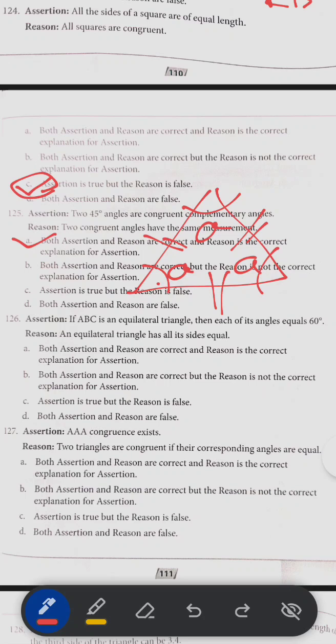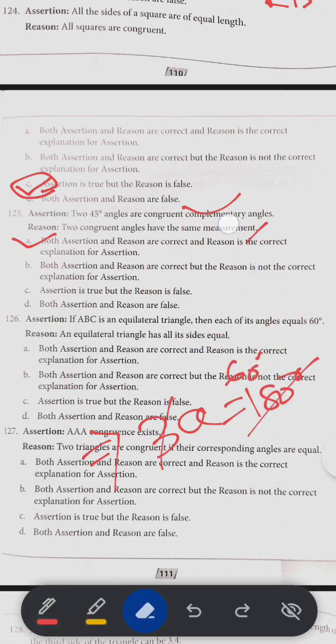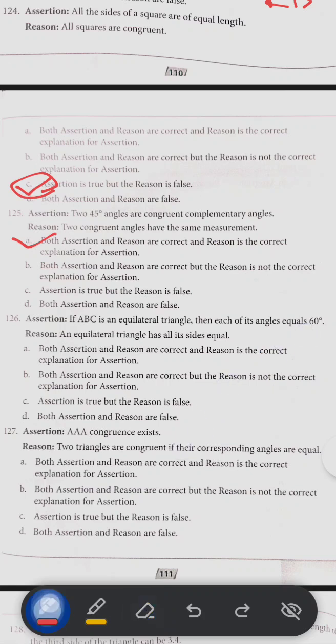It means all the angles are equal. If you add all three angles, according to the angle sum property, the sum is equal to 180 degree. So 3A is equal to 180 degree. Now A is equal to 60 degree, that we got from the assertion. So here both the assertion and the reason are true, and the reason is the correct explanation of the assertion.